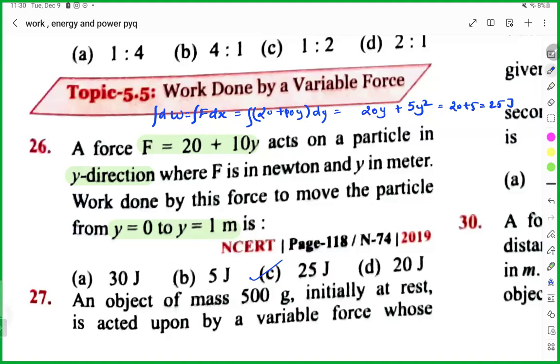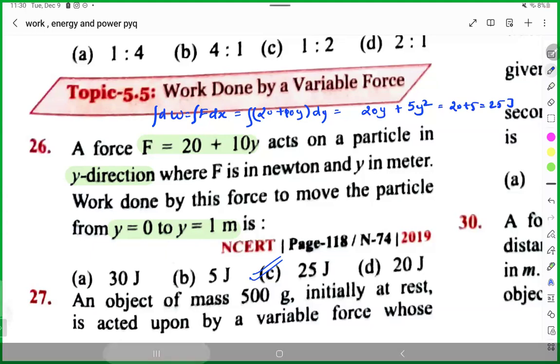Everybody got the answer, or should I explain this? So the answer is 25 joules, no? Yeah. Did you get it? No, sir. Okay. Anita? Can you explain? Sarah? No, sir.